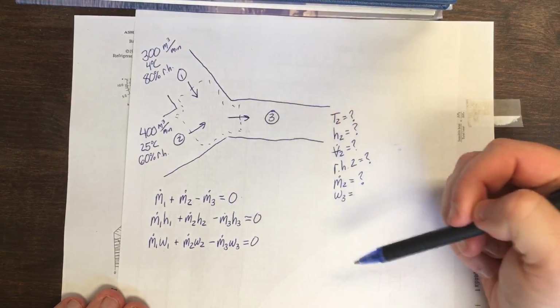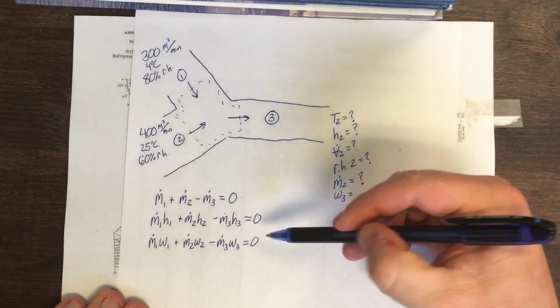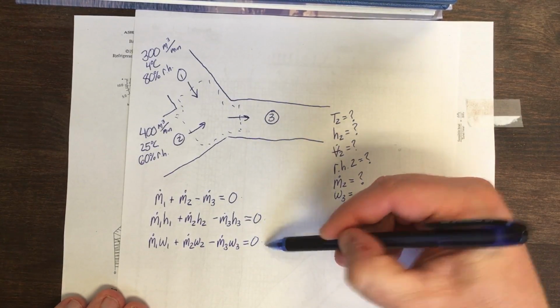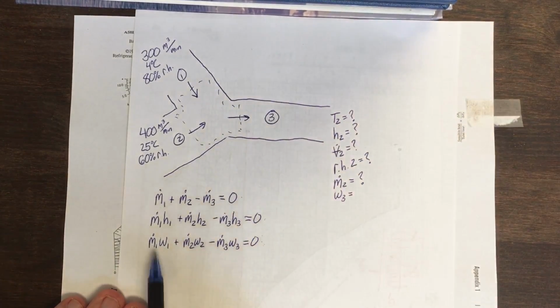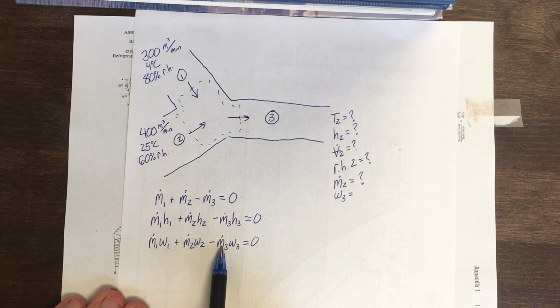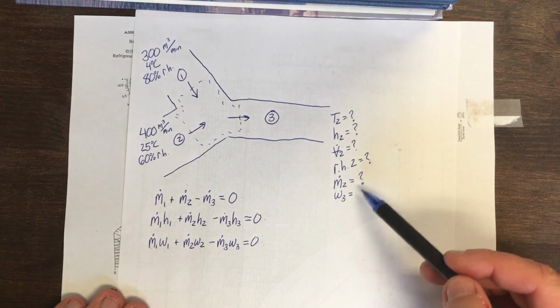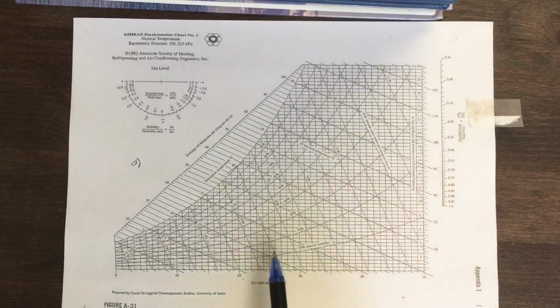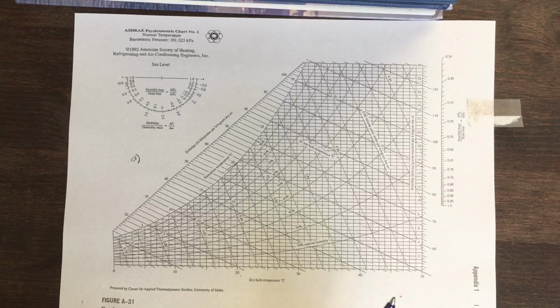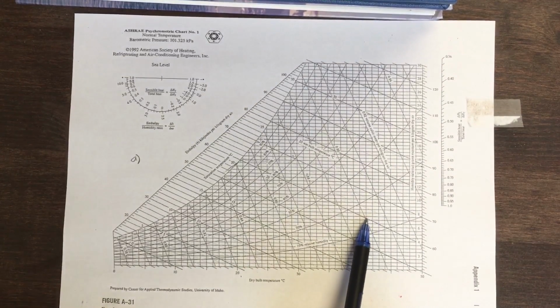So conservation of mass, conservation of energy, conservation of mass of water, only the water portion here. We can get humidity ratio 3, then we'll have two of these things, and once we find that point on this chart, we'll be able to read anything else that we want.